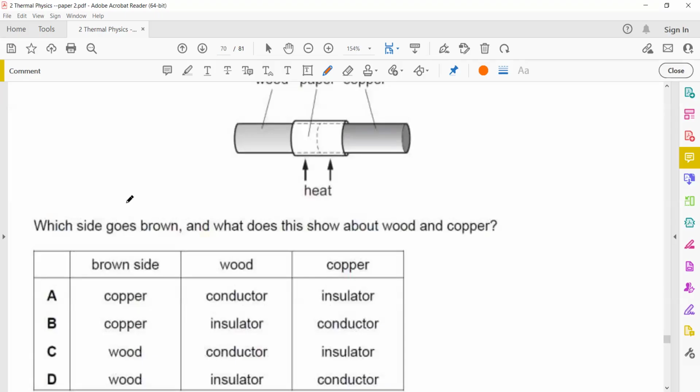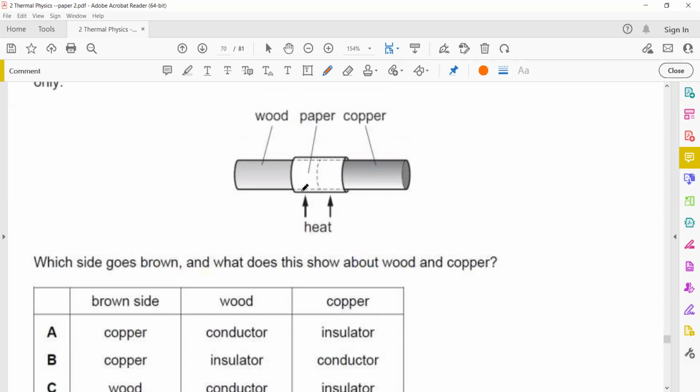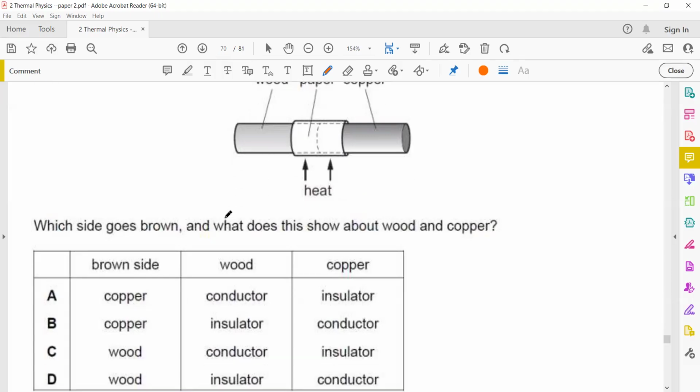As we said before, when the heat is supplied to this point, the paper at the wood side will go brown at first because wood is an insulator or bad conductor of heat, but copper is a good conductor of heat. So the paper at this side will not go brown fast. So the brown side will be on the wood because wood is an insulator and the copper is a conductor. So we will choose D.